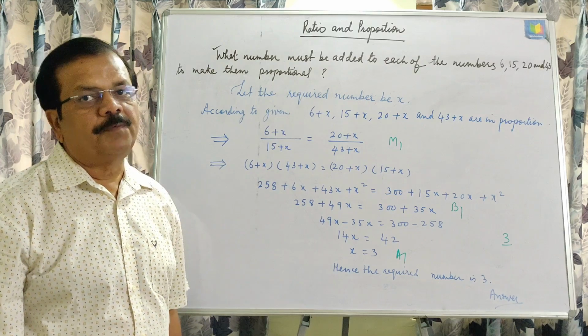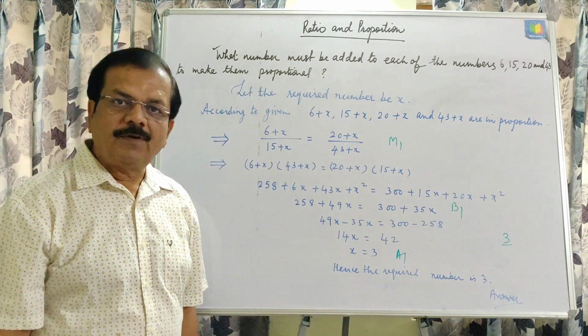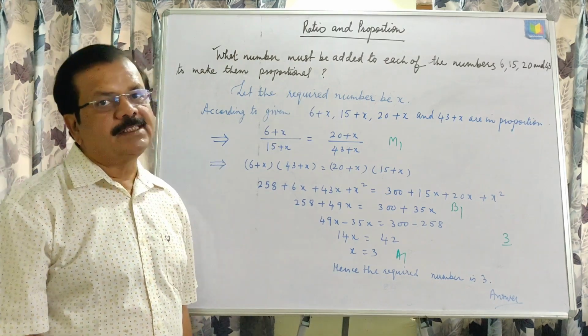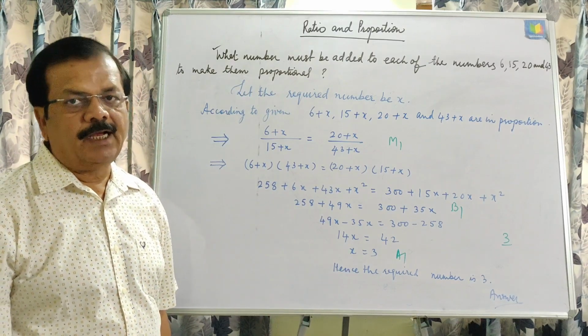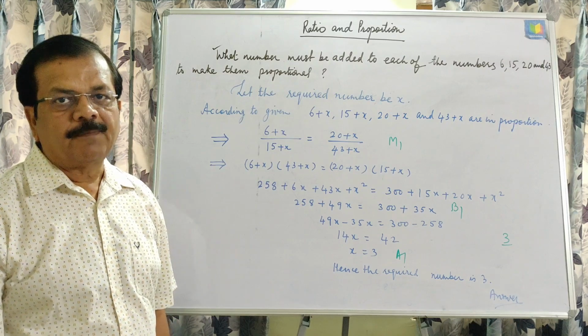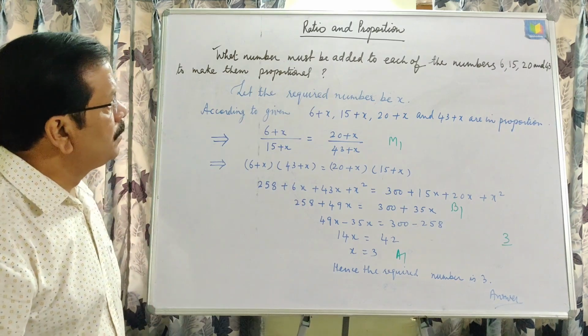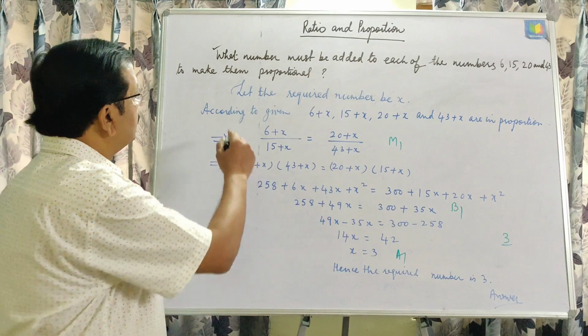That is, product of means is equal to product of extremes. Likewise we can say first proportion, second proportion, third proportion and fourth proportion. Now we will use this concept of proportion in doing the questions.